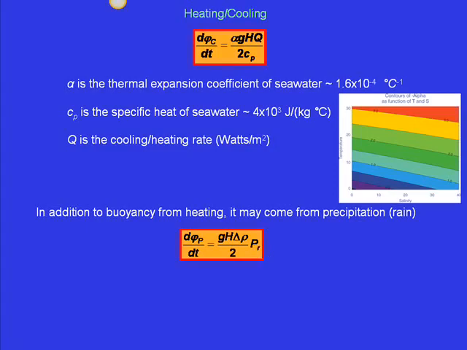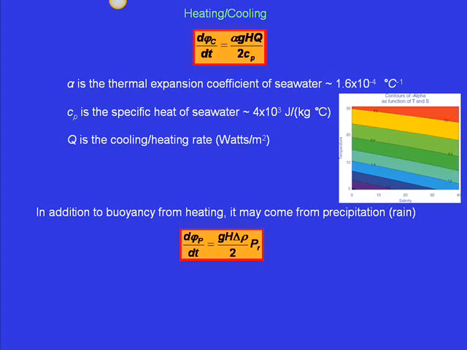How would you normally report precipitation rates? Inches? Inches rate? Yeah, that would be the amount of rain, right? Inches per unit time.